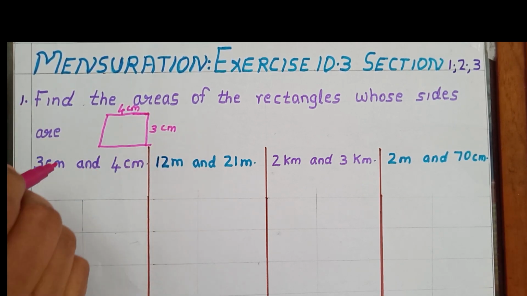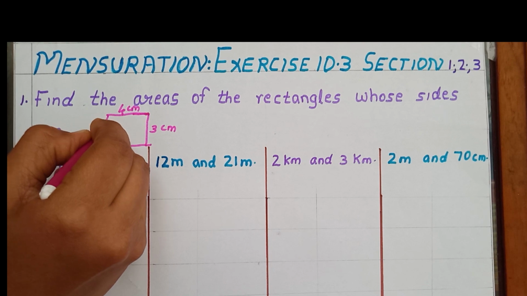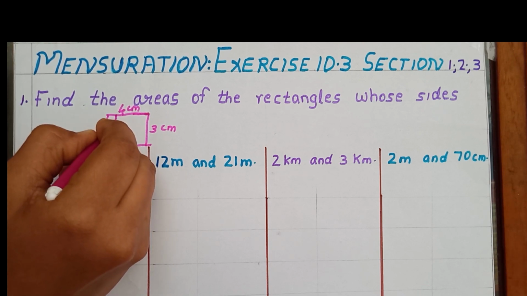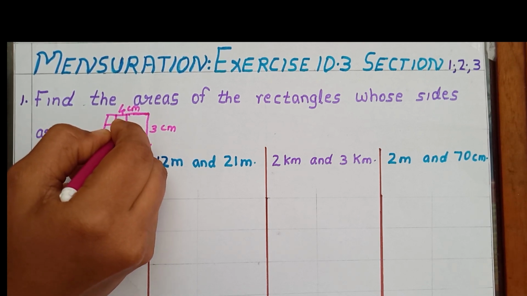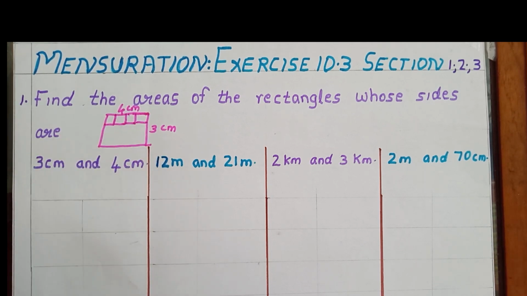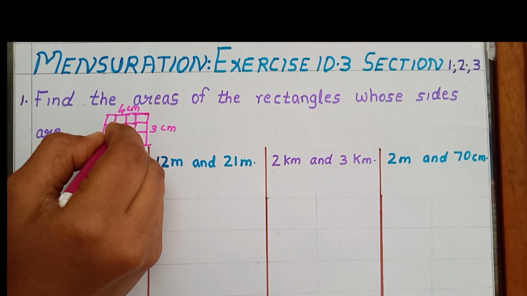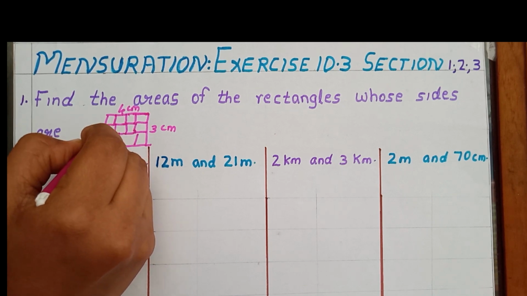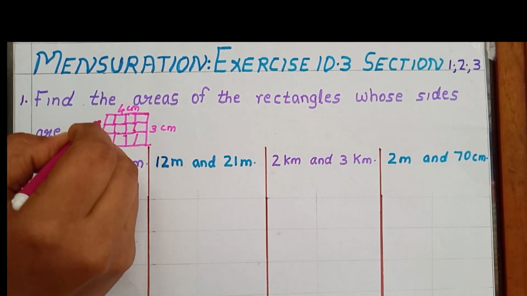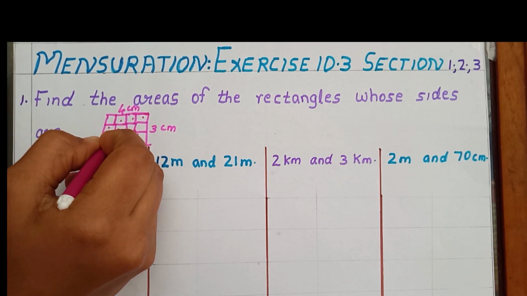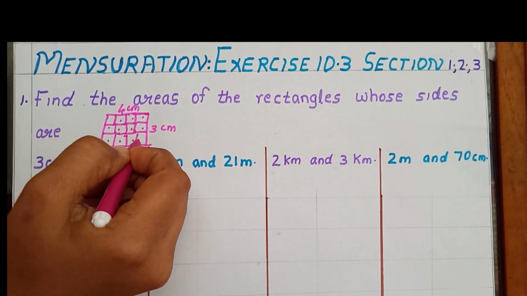To find the area means we should find how many square units we can take out from this. So 1, 2, 3, 4, 5, 6, 7, 8, 9, 10, 11, 12.